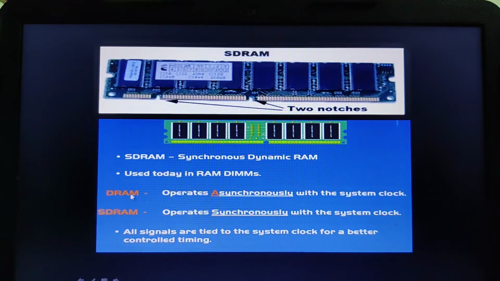DRAM operates asynchronously with the system clock, meaning it is not synchronized with it. SDRAM operates synchronously with the system clock, meaning it is completely associated with it. How? Only when the clock signal is high will it transfer the data. When the clock signal is low, there is no data transfer. I hope you are able to understand the difference between asynchronous and synchronous here.